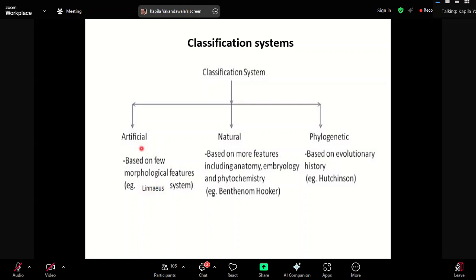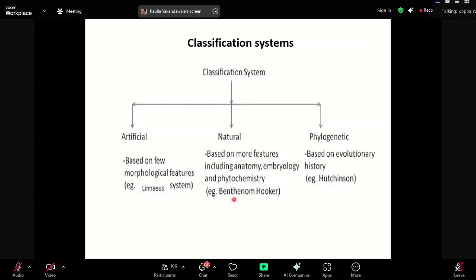But later, people found a lot of information from other fields like chemistry, phytochemistry. Chemists looked at the chemistry of plants. Then in anatomy, people dissect flowers and stems and find microscopic details.